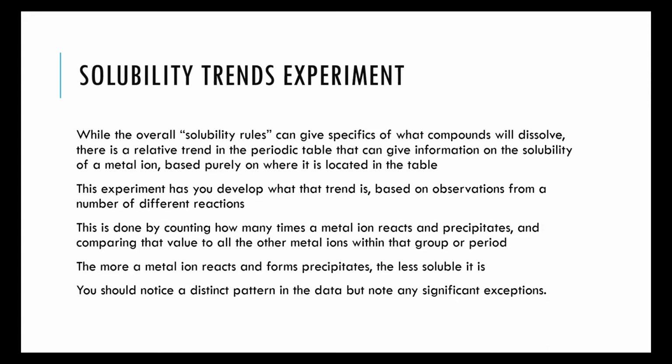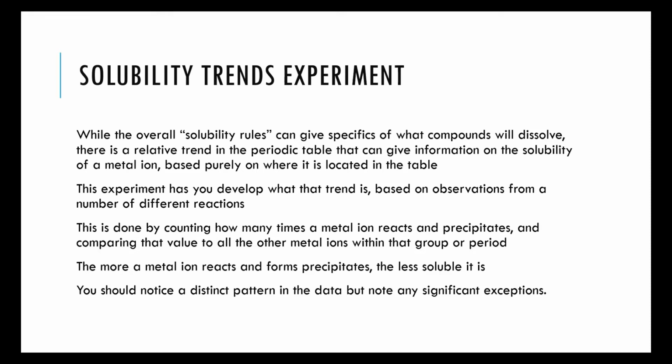The bulk of the experiment looks at performing a number of different reactions in a 96 well plate. And while there are solubility rules, things like all alkali metals are soluble, all nitrates are soluble, many silver compounds are insoluble, these are relatively generic and they just kind of give some specifics here or there.